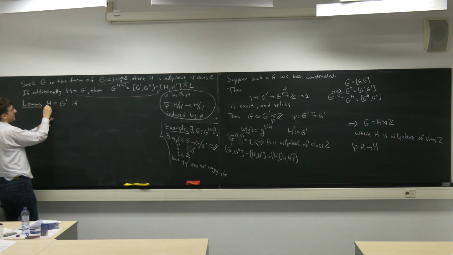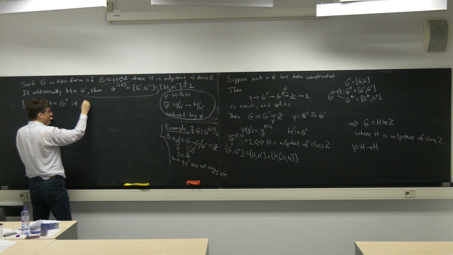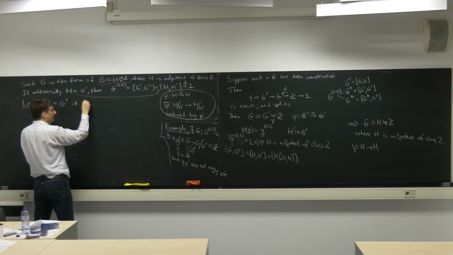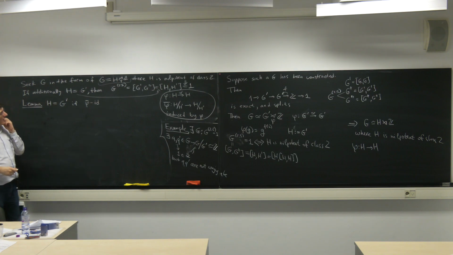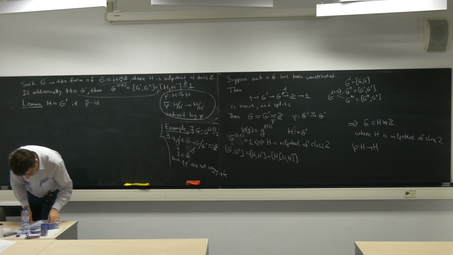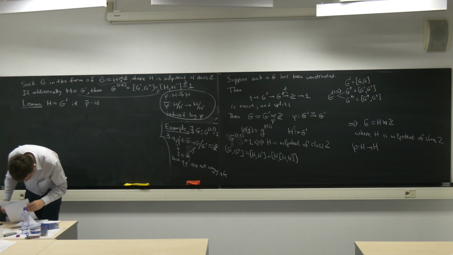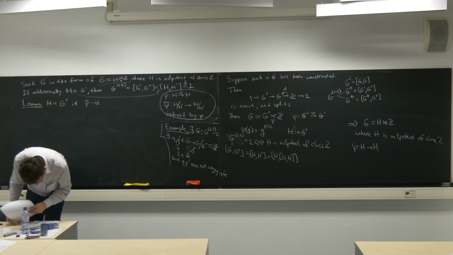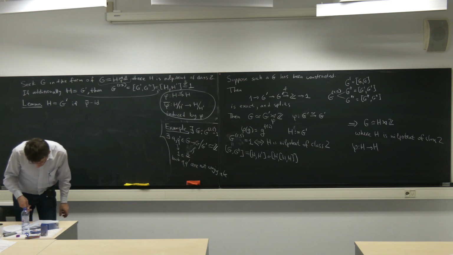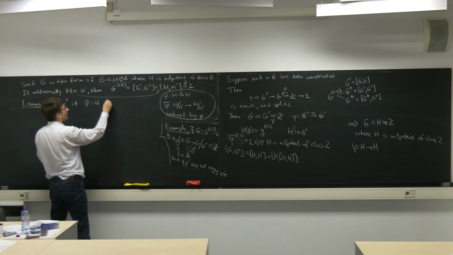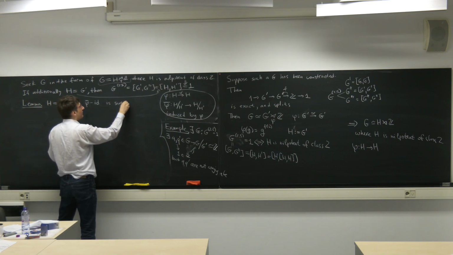So the lemma says that H equals G prime if phi bar minus the identity is an isomorphism, if I'm not mistaken. Is surjective. This is enough.